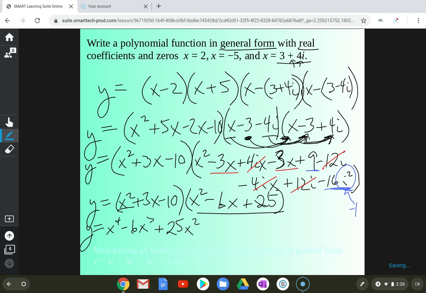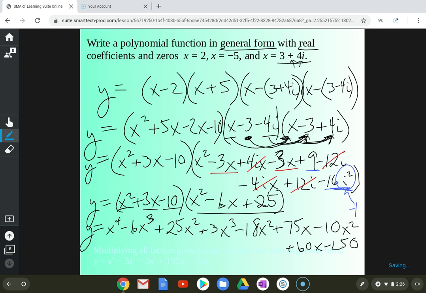All right, next term, plus 3x cubed minus 18x squared plus 75x. And last term, that negative 10, minus 10x squared plus 60x, and then minus 250.